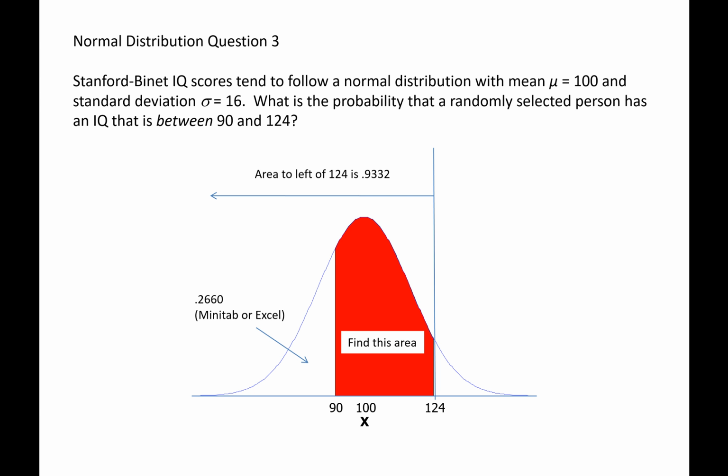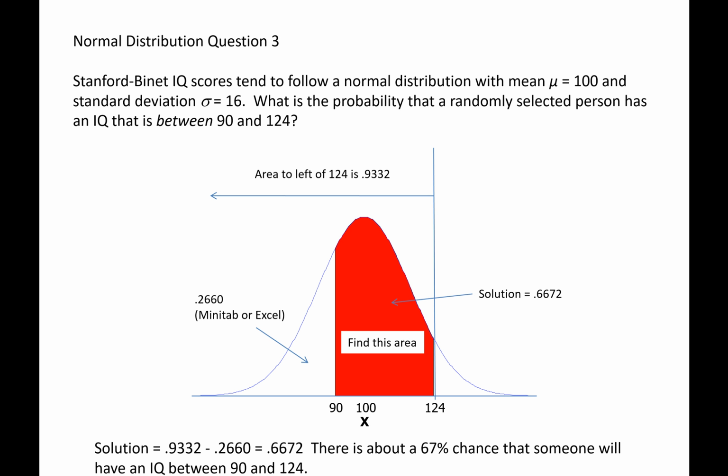And we can use Minitab or Excel or even the table to find the probability of being less than 90. Once we have that probability, we can do simple arithmetic again to find that 0.6672 of the area is between 90 and 124. So there's about a 67% chance that someone will have an IQ between 90 and 124.